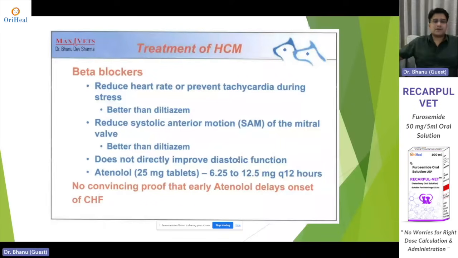It is going to slow down the heart rate. It is going to treat the SAM. It is going to slow down the progress of left ventricular hypertrophy. And you use it at the dose rate of 6.25 to 12.5 mg per cat, once to twice a day. Again, in the studies, there has been no convincing proof that early atenolol will delay the onset of CHF.